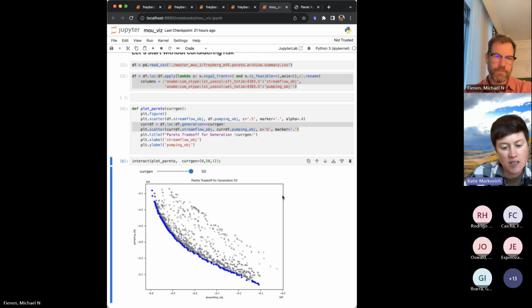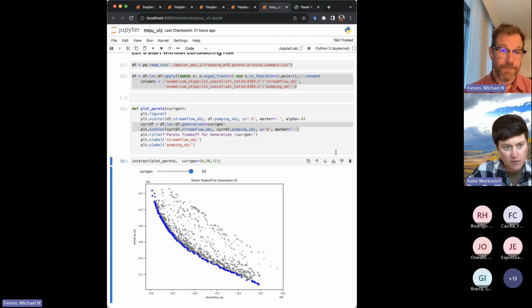But PEST is writing to this Pareto archive summary CSV file. So that's basically your best bet for monitoring it and knowing when it's converged and there's not that much change between generations, so I'll kill it and free up resources for other people or save myself some money. That's basically what you want to be keeping an eye on.